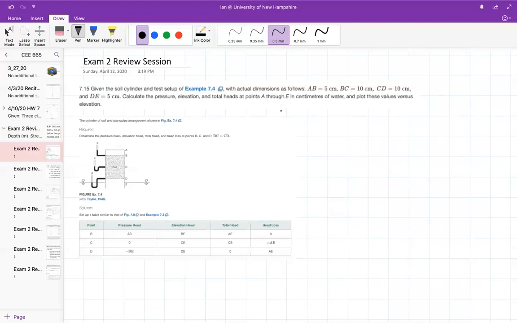So just looking at everything, we know E is at 0. The distance from D to E is 5, so at point D we're at 5, and this is all elevation head.